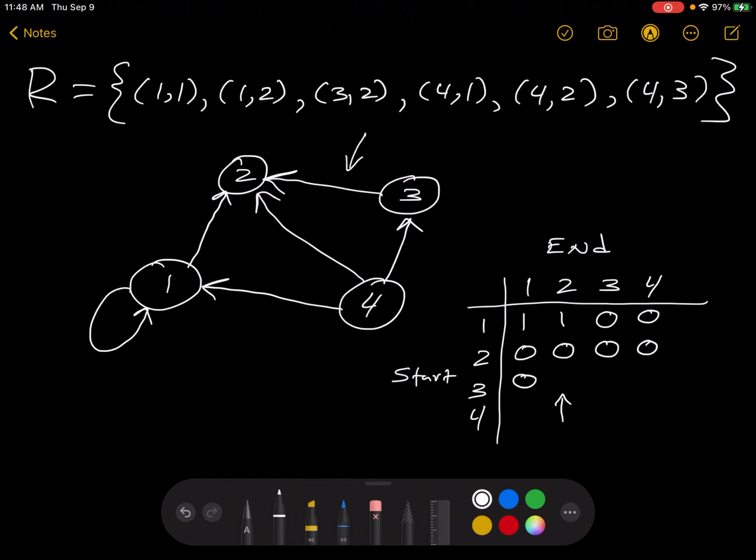Yes, this one right there. So we'd have a 1 there. Is there an edge that starts at 3 and ends at 3? No. Is there an edge that starts at 3 and ends at 4? No.